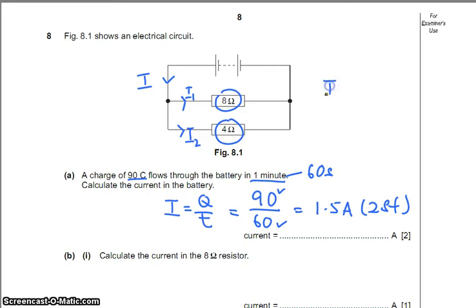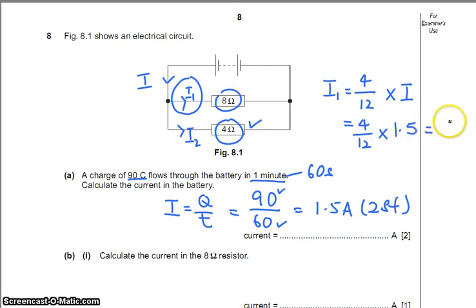I1 will be equal to, using the ratio you always use, since you are finding I1, you will use the ratio here, so 4 over 12, the ratio of the resistance, multiplied by I. In this case, it will be 4 over 12 multiplied by 1.5, and you would have got 0.50 ampere, 2 sig fig.